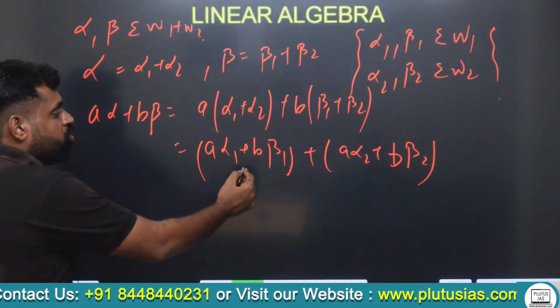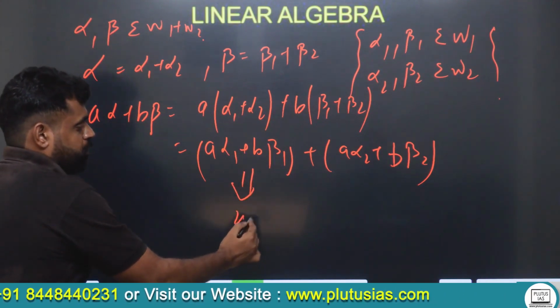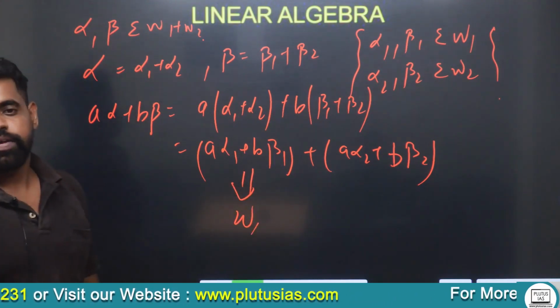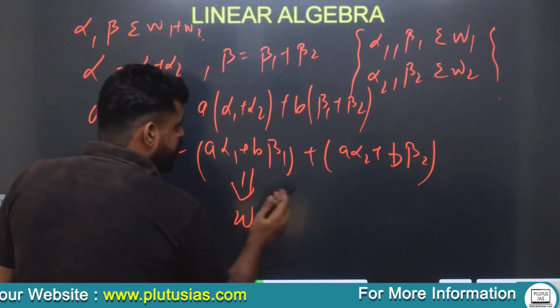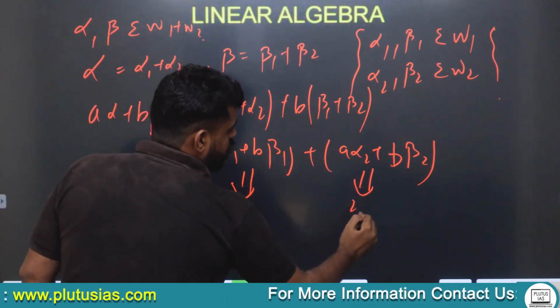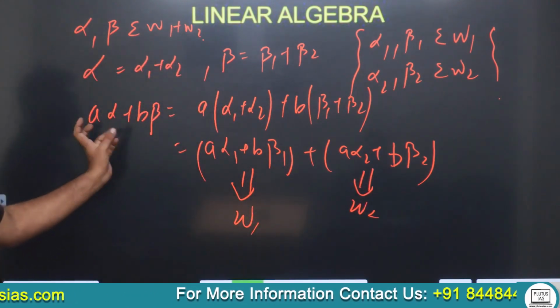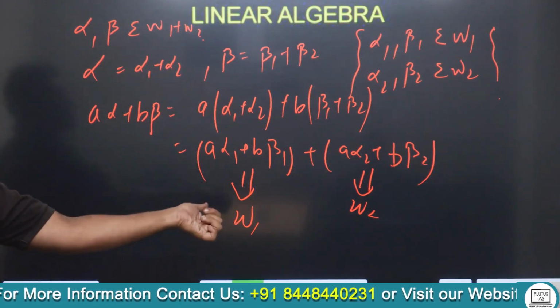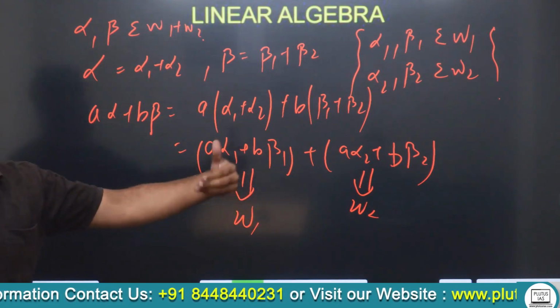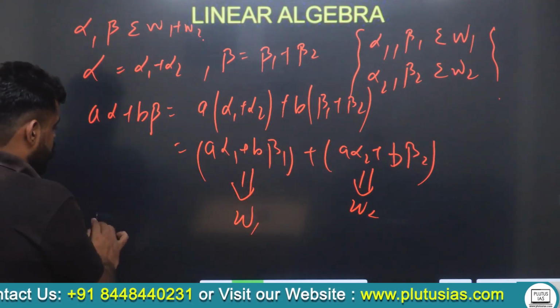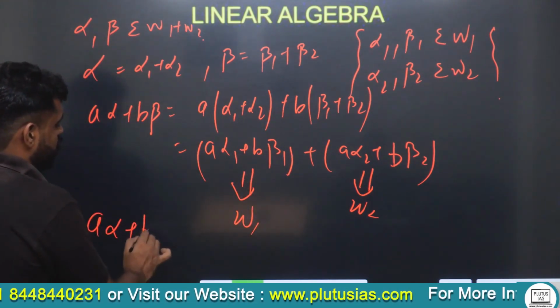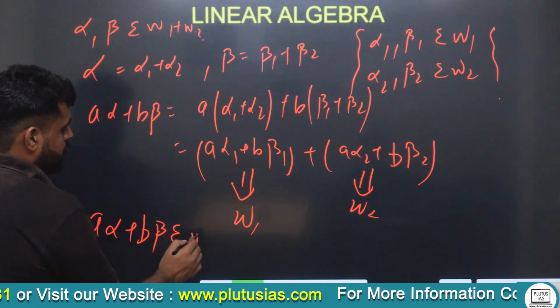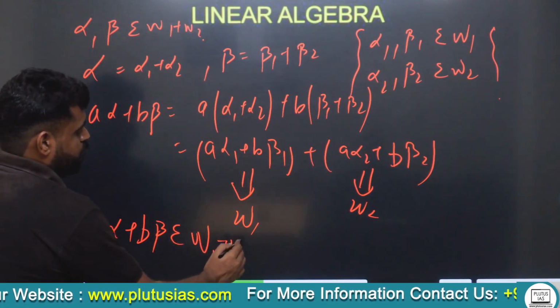Okay, so this belongs to W1, since W1 is a subspace, है ना? And this belongs to W2. So again, a alpha plus b beta is nothing but the addition of an element of W1 and an element of W2. So a alpha plus b beta also belongs to W1 plus W2.